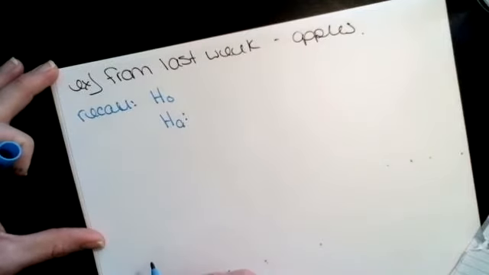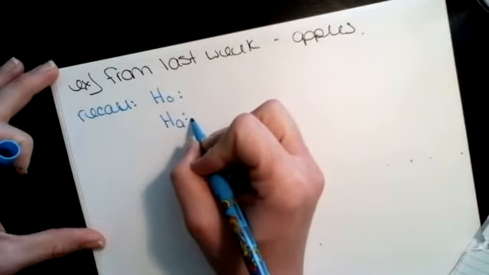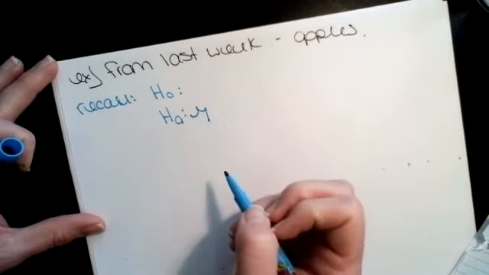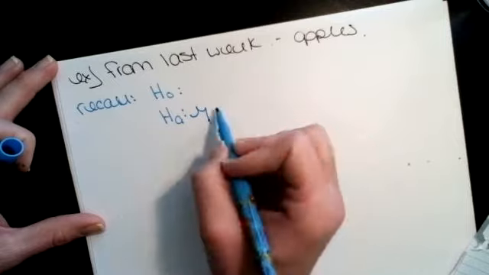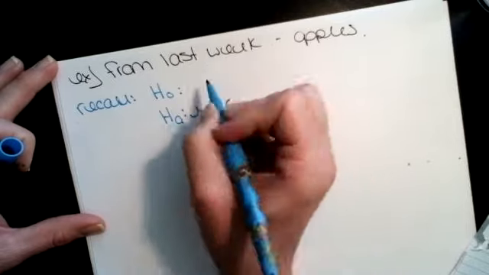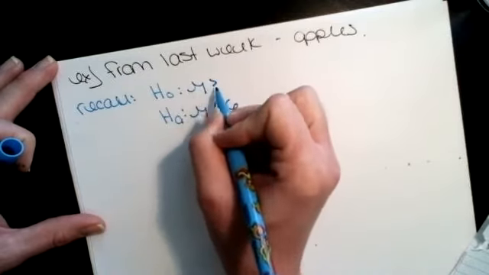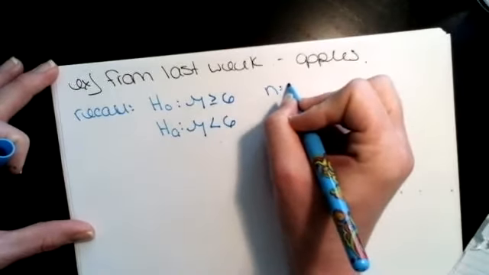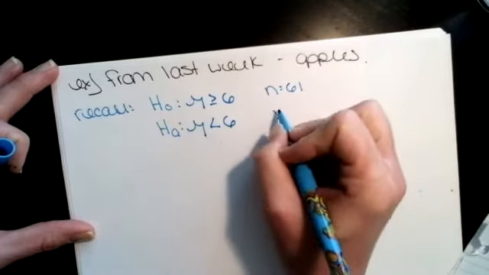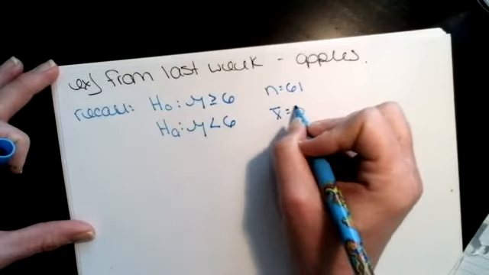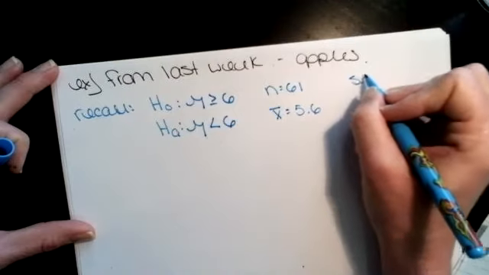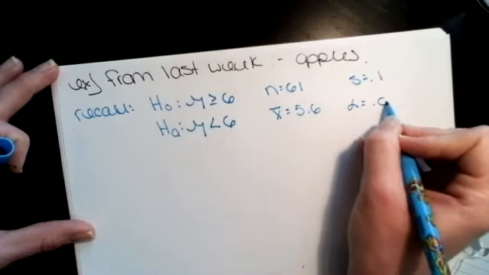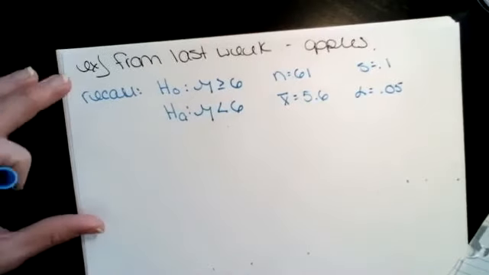The alternative, we're talking about weight of apples, and this is where the store manager wants to show that the mean weight, so the average weight of the apples in a store, was less than the 6 ounces. So that means the null is greater than or equal to the 6 ounces. Took a sample of 61 apples, found the sample mean to be 5.6, the standard deviation to be 0.1. Alpha, again, is 0.05 or 5%.